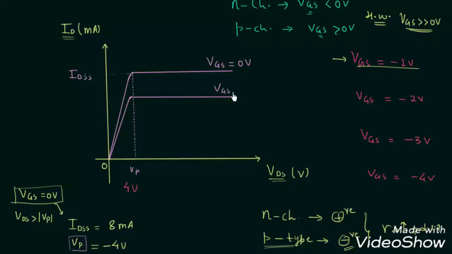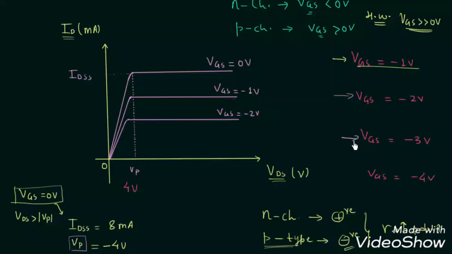So this curve is for VGS equal to minus 1 volt. In the same way, when you make VGS equal to minus 2 volt, you will have the plot like this. This is for VGS equal to minus 2 volt.